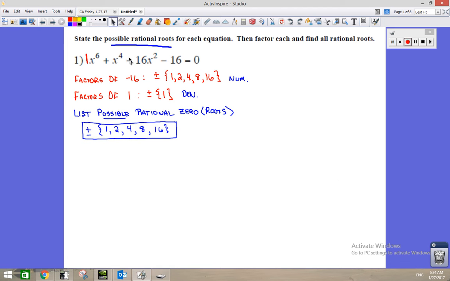If I were to check 1 using synthetic division, I look here and I see that I do not have an x to the 5th. So 6, 5, 4, I do not have an x to the 3rd, and I do not have an x. So you might want to just simply plug in 1, do the arithmetic, and see if you get 0.